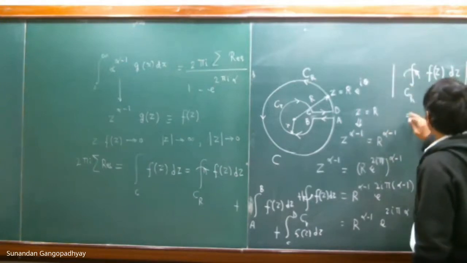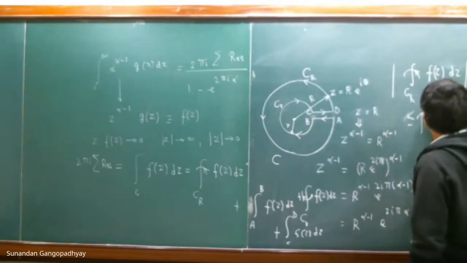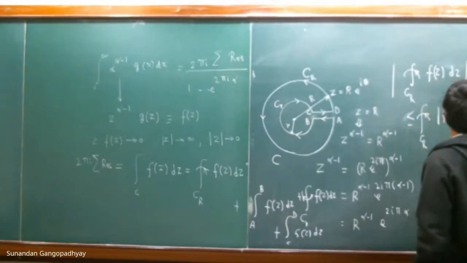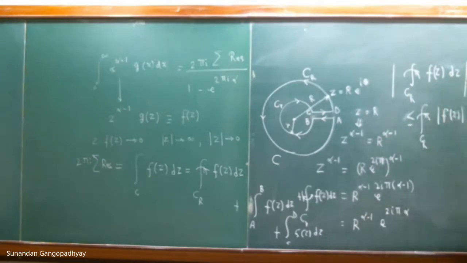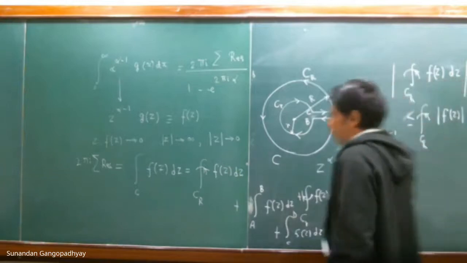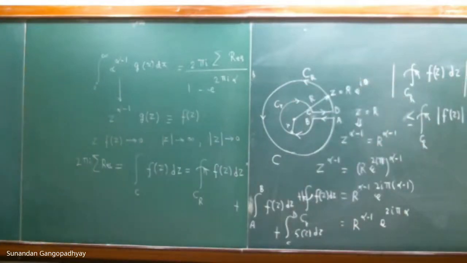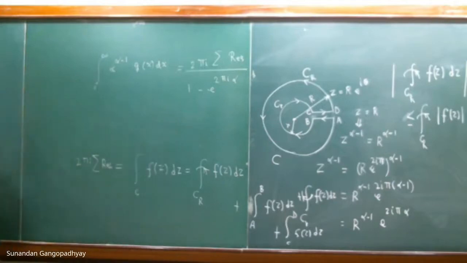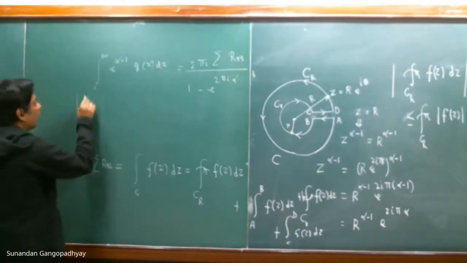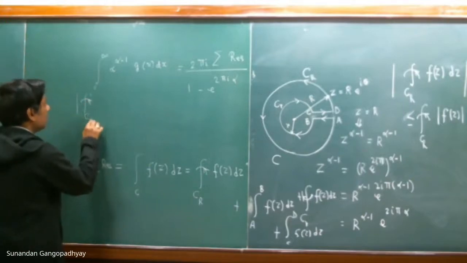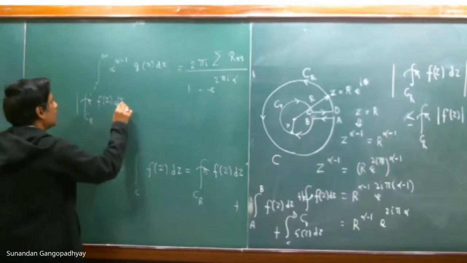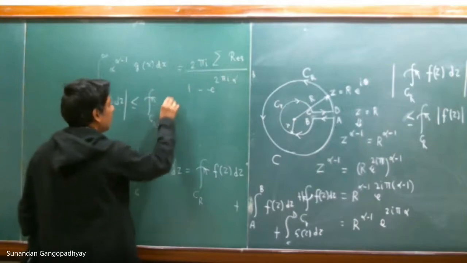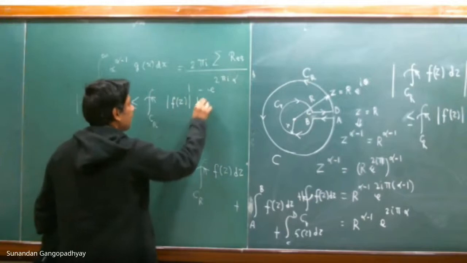If I take a mod of this, this is less than or equal to the integral over C capital R of mod f(z) times mod dz.